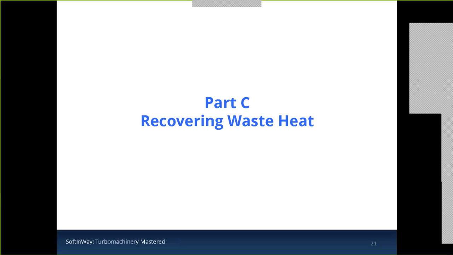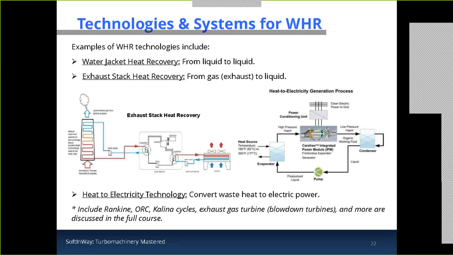The third part relates to recovering the waste heat, now that we've defined what it was. In order to do this, we first look at the different technologies and systems that are available for waste heat recovery. We discussed in the full course the water jacket heat recovery, exhaust stack, and the heat to energy technology.